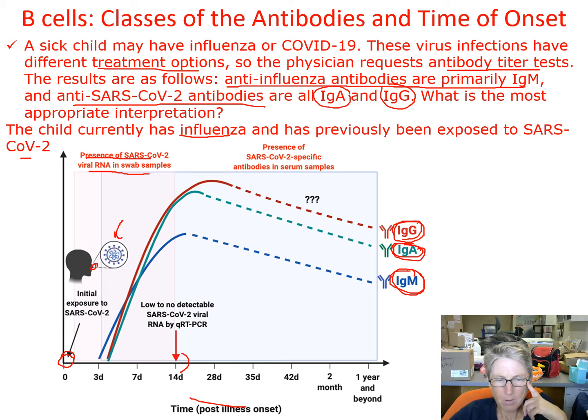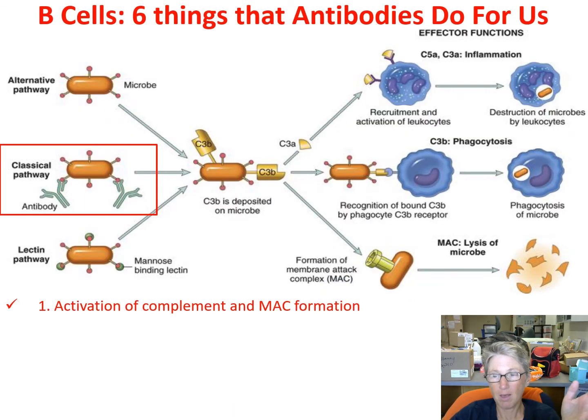So at day 14, there's almost no detectable amount of SARS-CoV-2 viral RNA by this technique called RT-PCR, real-time PCR. So that's a fun little scenario of a sick child having both infections.